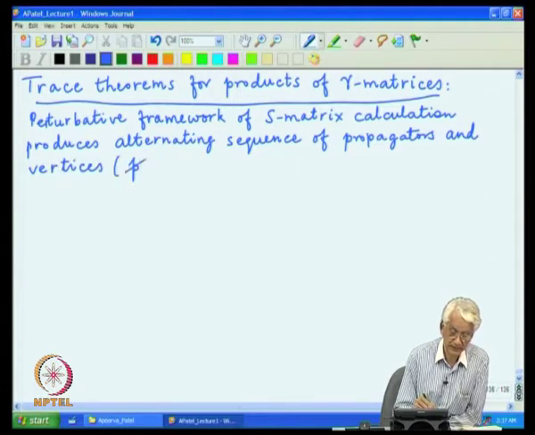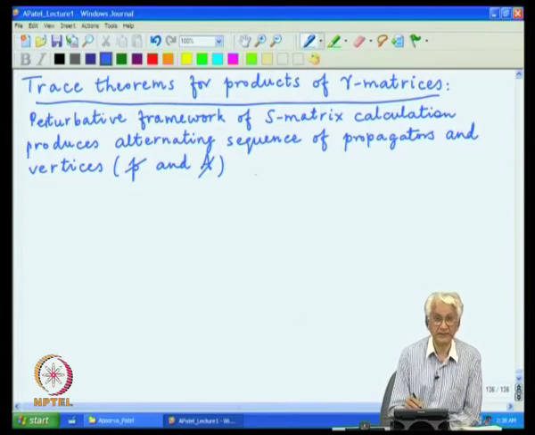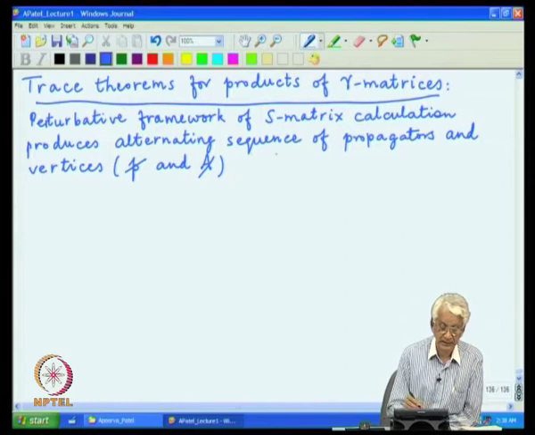Typically, these are the factors involving p slash for propagators and a slash for the vertices. This whole string of factors coming in this gamma matrix language needs to be simplified to get these answers reduced to numbers.